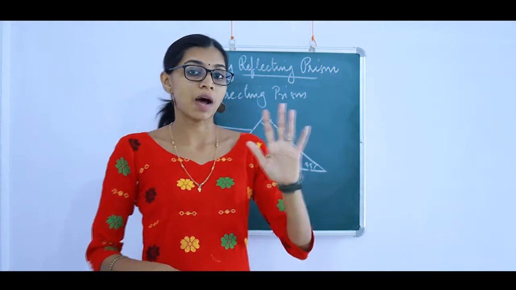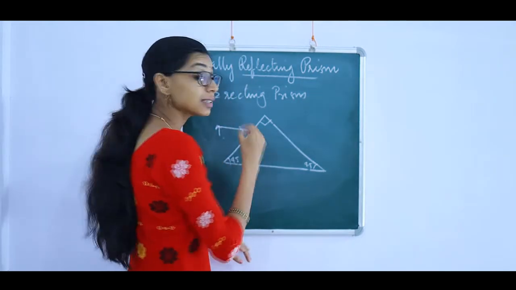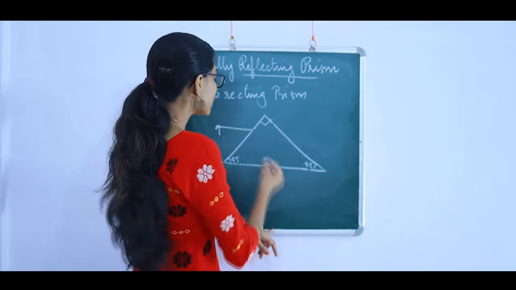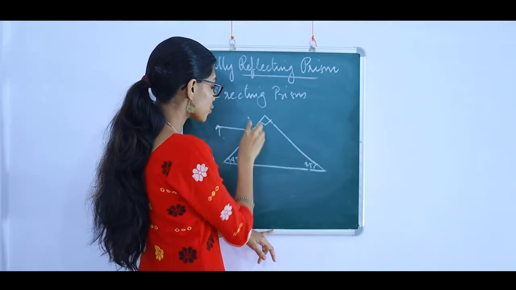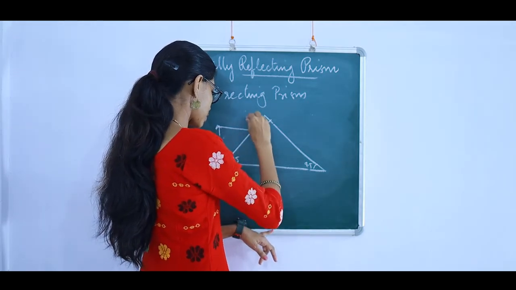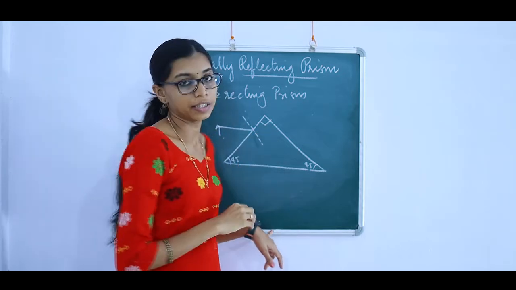So it cannot just pass on. It will bend. So here, does it undergo total internal reflection? That's the second question. Now here, when I draw a normal, to this normal, this is your 90 degree. Okay, this is your line. This is your normal here.